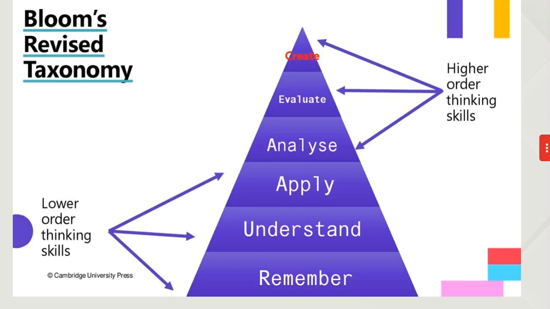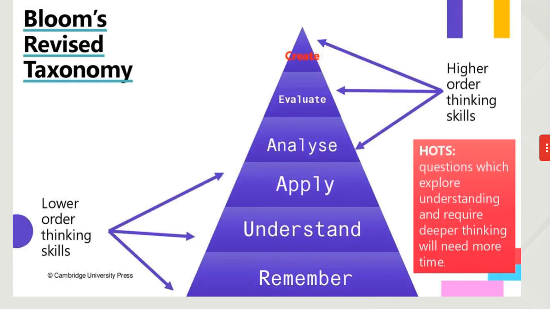And as we move up the taxonomy to the top 3 skills, this is where we're looking at higher order thinking skills. The cognitive demands on our students require deeper thinking. So good critical thinking involves all of these skills working together.